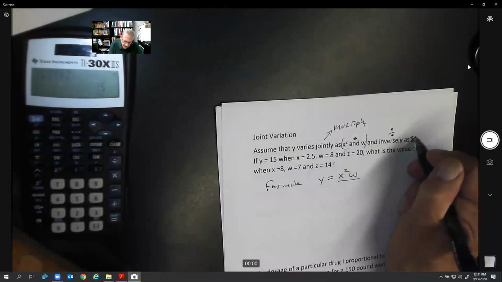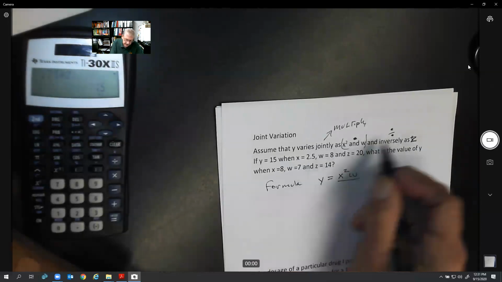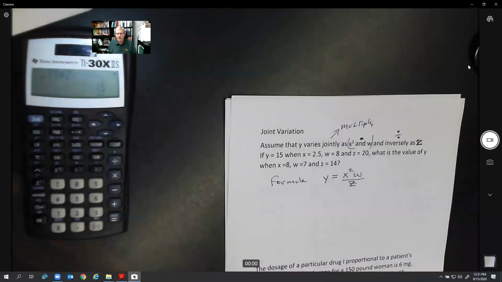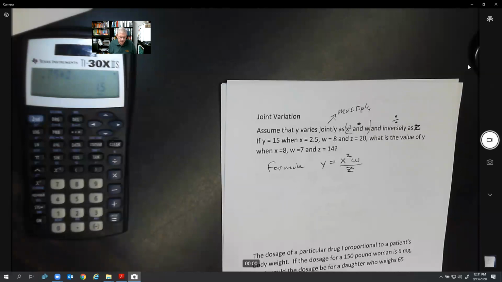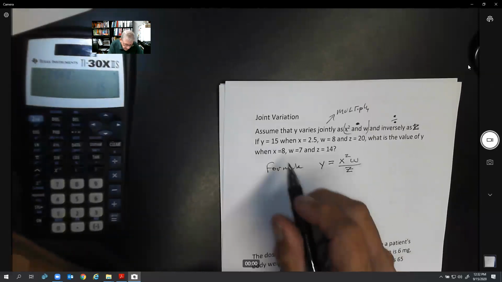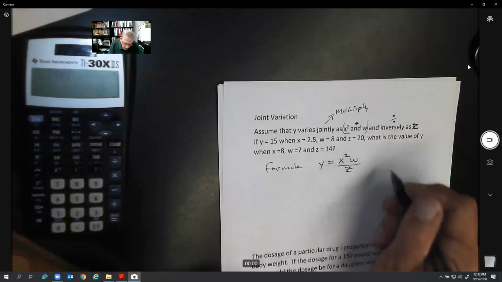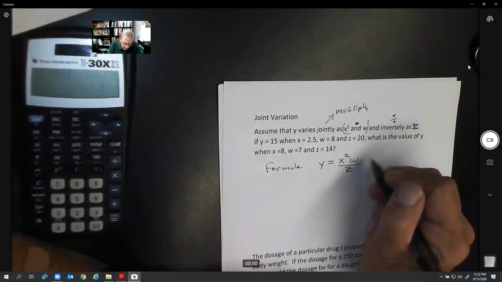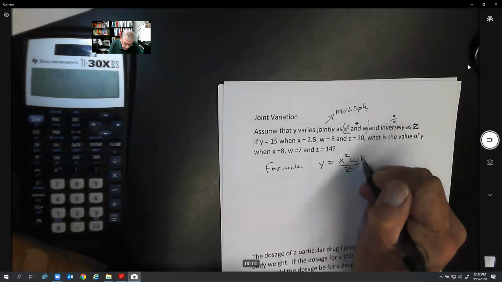I think I typed this wrong because we wouldn't want an x here and an x here. This was z, I'm sorry. My mistake, I typed it wrong. Okay, if y equals 50, what's missing in our formula? The k. K is always on top, so we'll put a k in here.